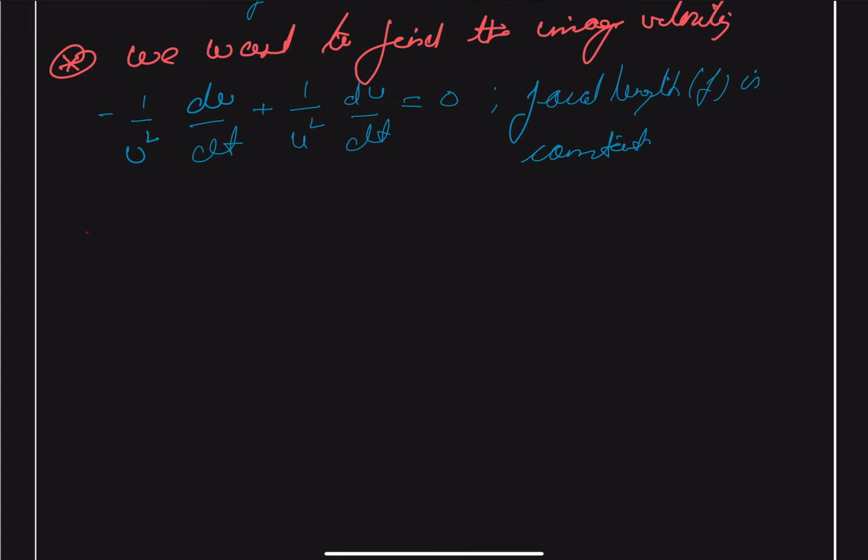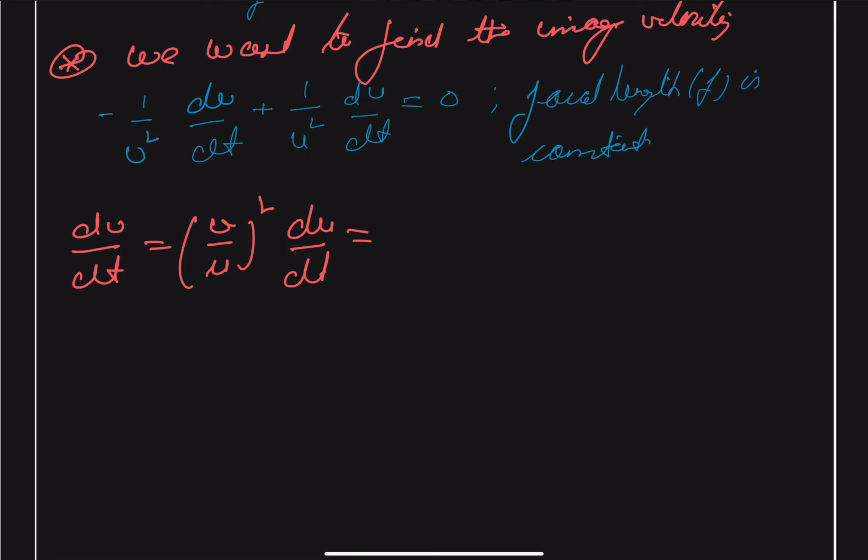So we can write that dv by dt will be equal to, this will become minus minus plus, v upon u whole square and du by dt, and we already know the values.